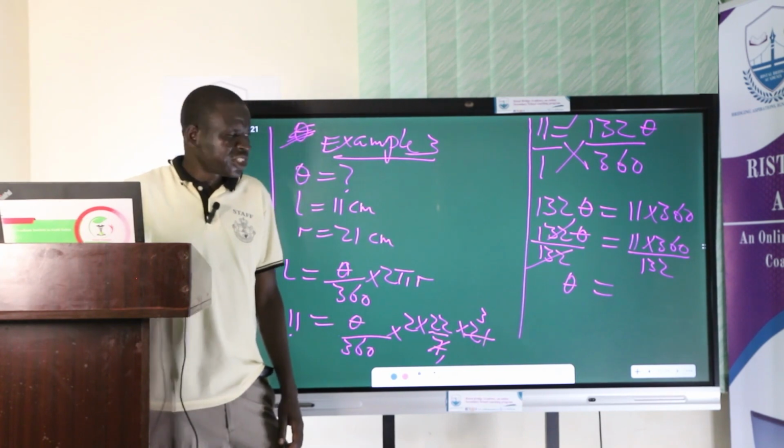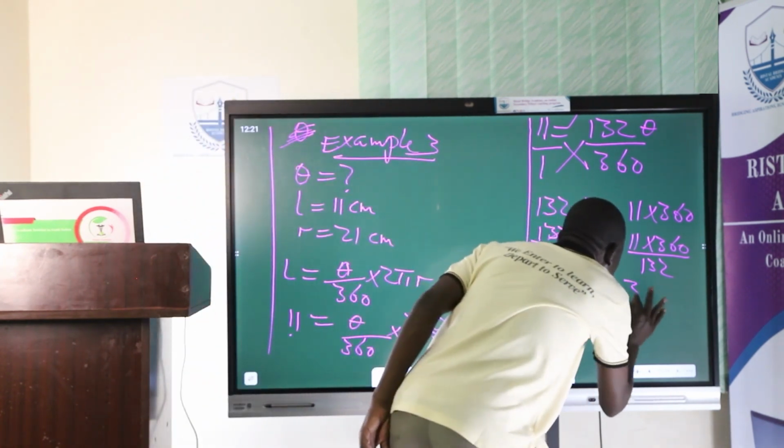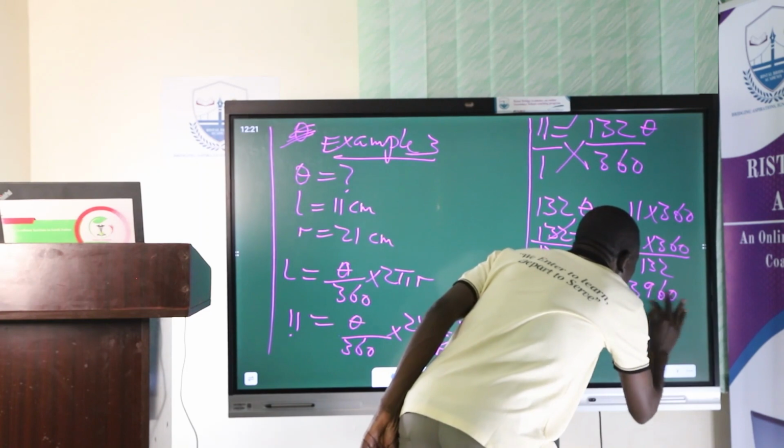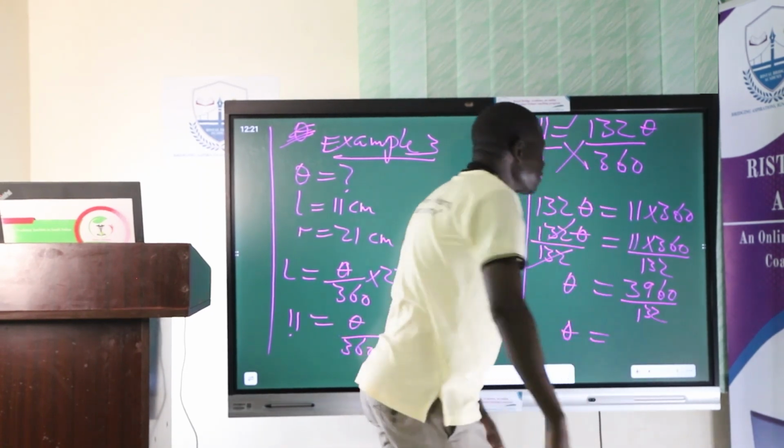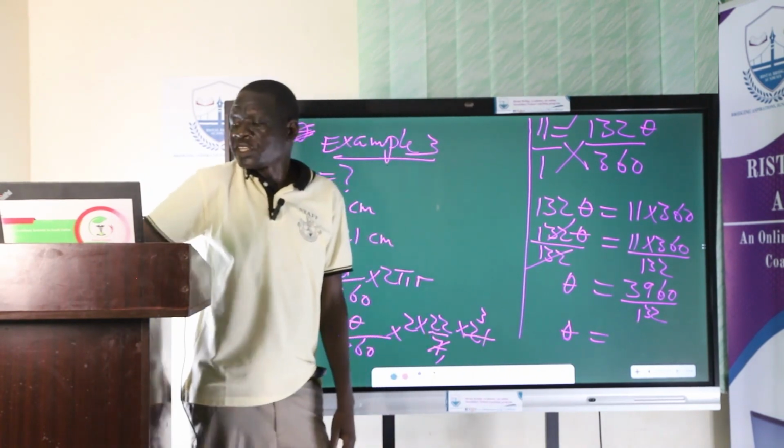And when we divide 3,960 by 132, we find that we get 30.